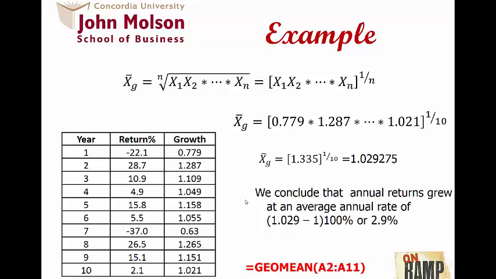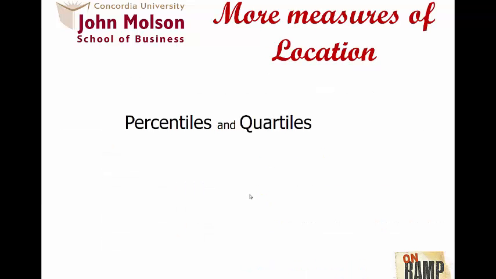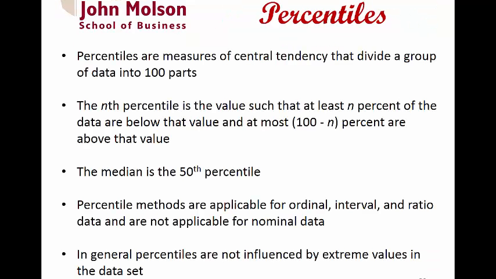There are more measures of location that we should look at. Well, there are the percentiles and the quartiles. The percentiles will divide my population into parts. They are still measures of central tendency and they divide a group of data into 100 points. The nth percentile is the value with at least n% of the data below that number, and the rest above that number.